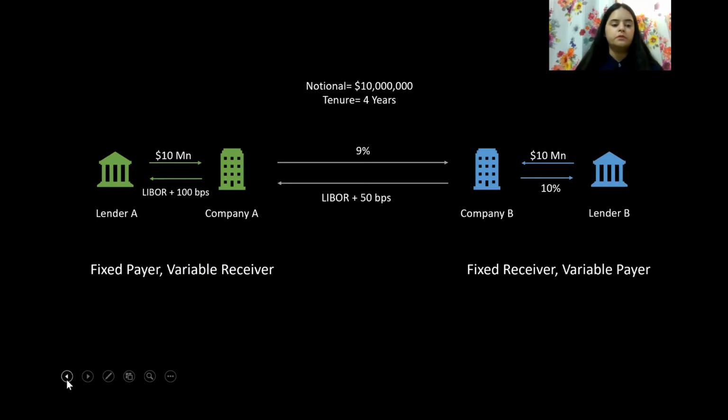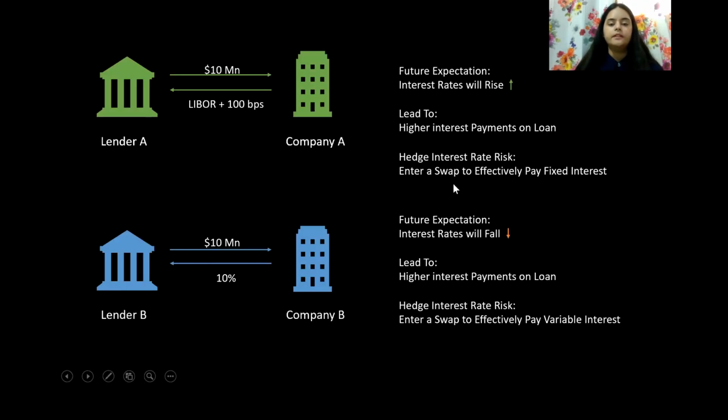One point I would want to make here is that you will see that company A is expecting the interest rates to increase. On the other hand, company B is expecting the interest rates to fall. But only one can happen, either the interest rates increase or fall.